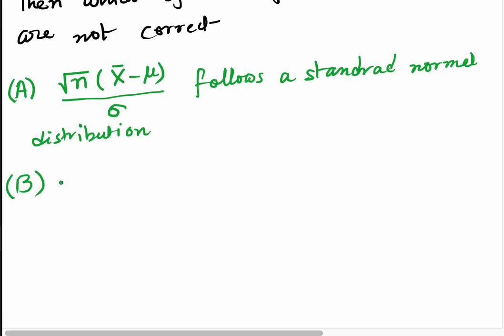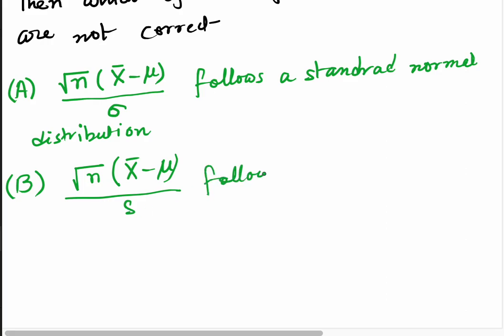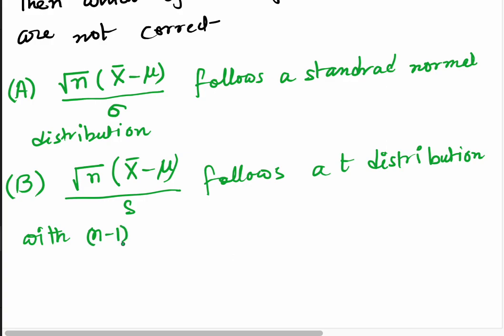B, root n times x bar minus mu by s follows a t distribution with n minus 1 degrees of freedom.